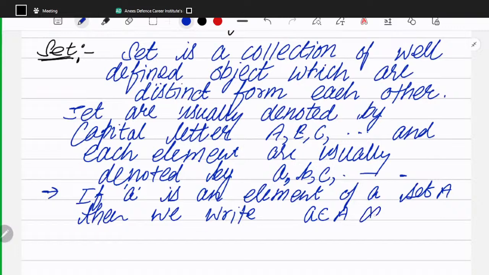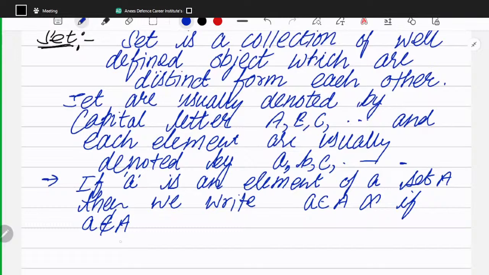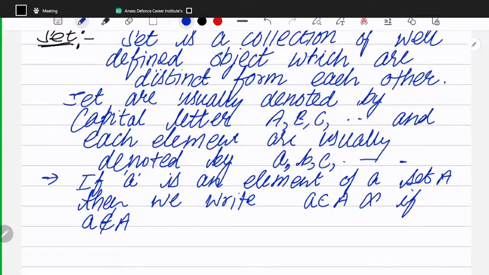And if a does not belong to A, that means the element a does not lie in the set capital A.